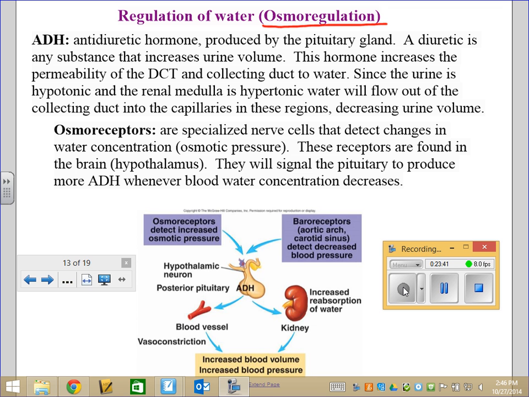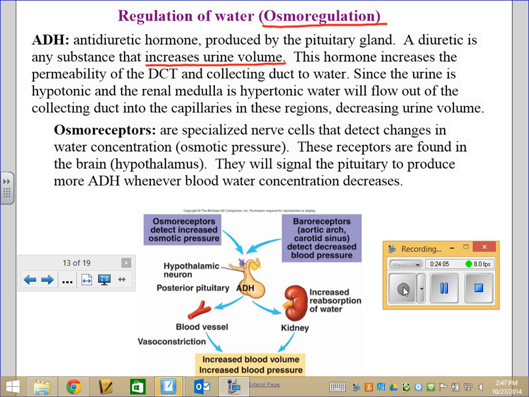ADH is the abbreviation for Antidiuretic Hormone. It comes from your pituitary gland, which is up in your brain. So that you know, a diuretic is any substance that increases urine volume. There are several substances that you would be aware of that are diuretics.